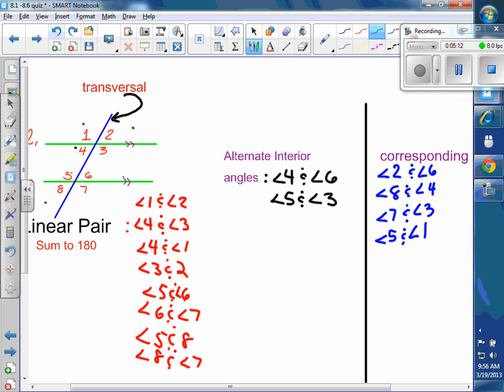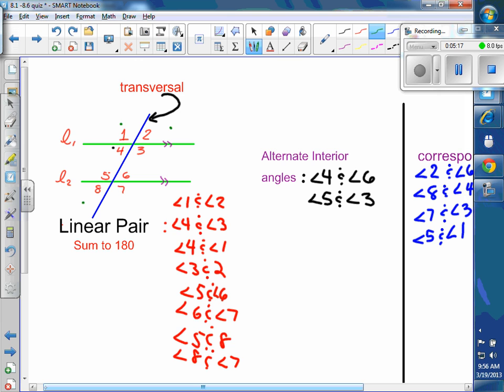It's a good question. What we looked at yesterday that I want you to look at today is this: if I took a highlighter and looked at any one pair of alternate interior angles, like 4 and 6, and flipped it around, what do we know about 4 and 6? They're the same. That's only true when the lines are parallel. Imagine if that green line wasn't parallel and went like this.